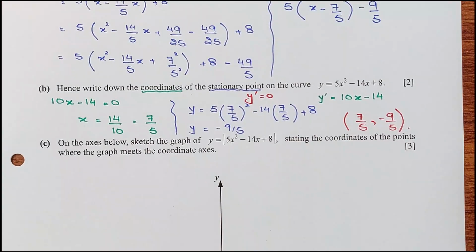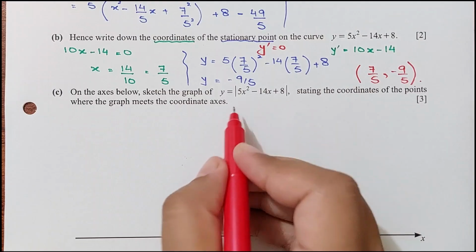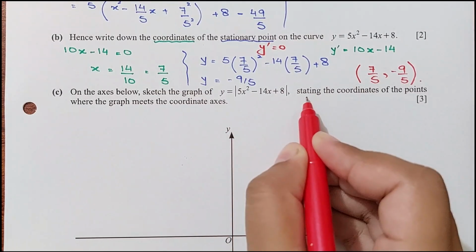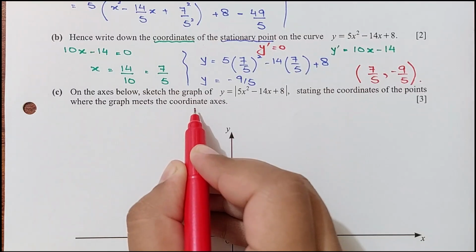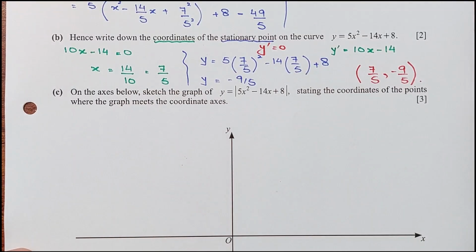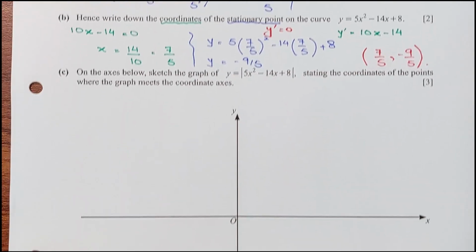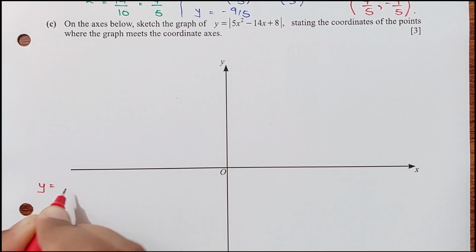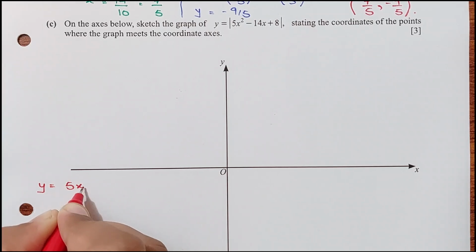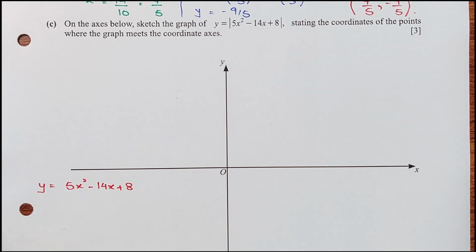So we can write down the coordinates of the stationary point as 7 by 5 and minus 9 by 5. Now for part C: on the axes below, sketch the graph of this absolute function, stating the coordinates of the points where the graph meets the coordinate axes. So first let me solve for the x-intercepts and the y-intercept for this function, y equals 5x square minus 14x plus 8, without taking the absolute value.